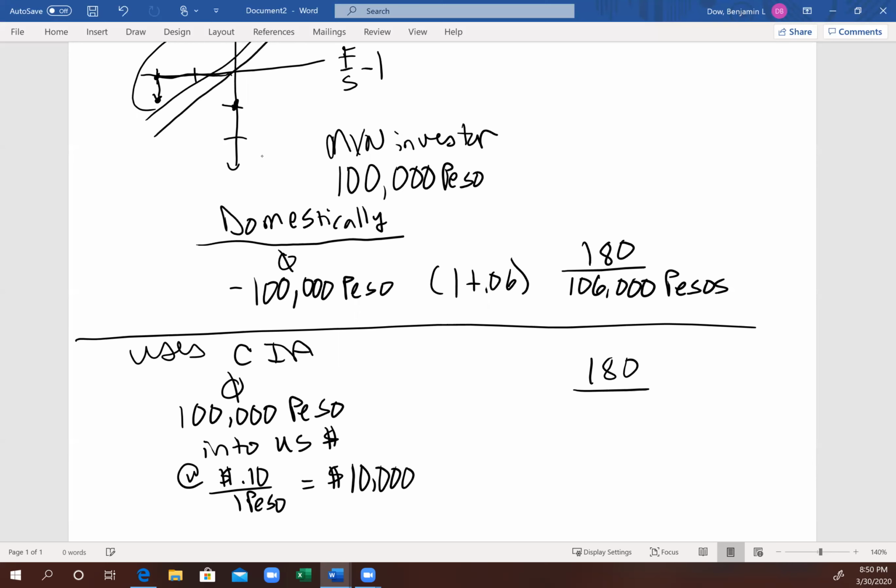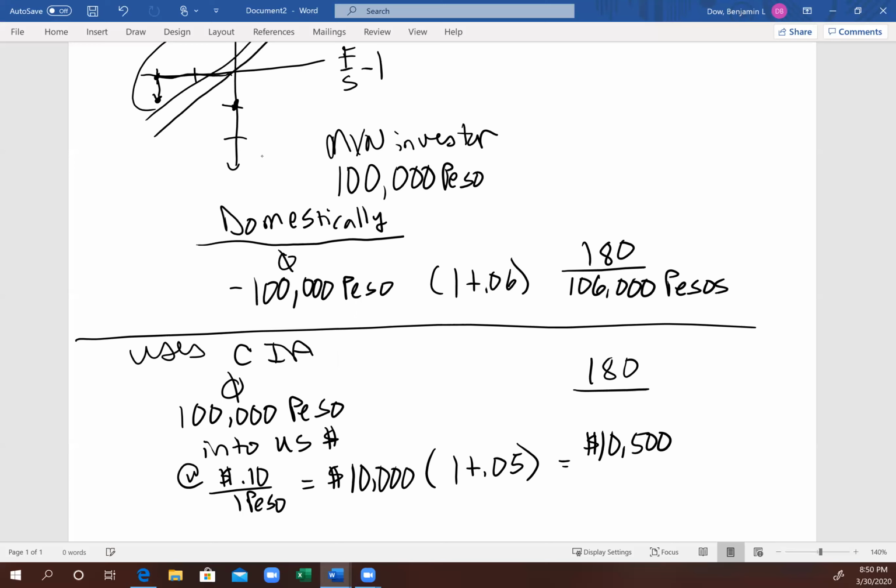If he invests the $10,000 for 180 days at 5%, he would have $10,500.